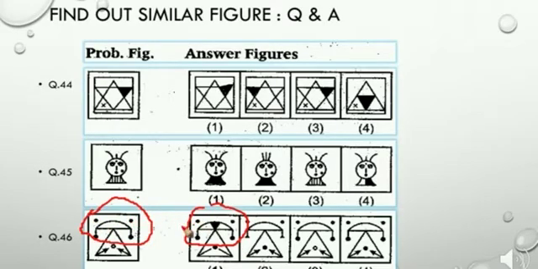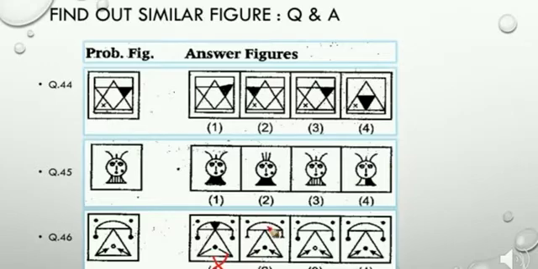This dot is also available similarly, it's fine. And these other parts are also the same, but here an additional part is given, so this cannot be the answer because this rectangle is not available in the problem figure. So let's check in option 2.